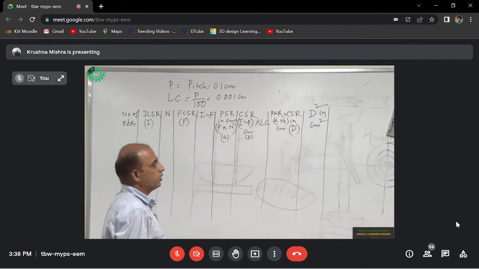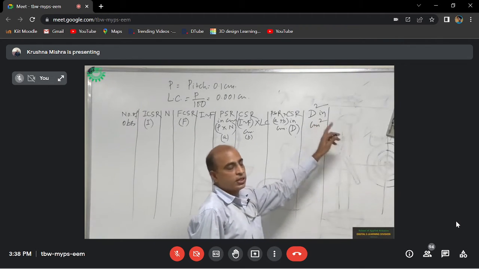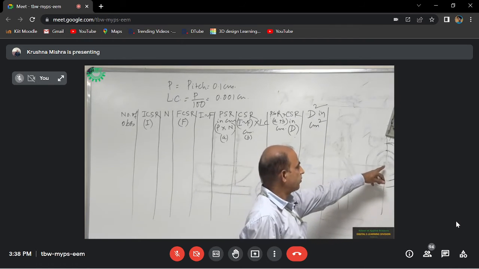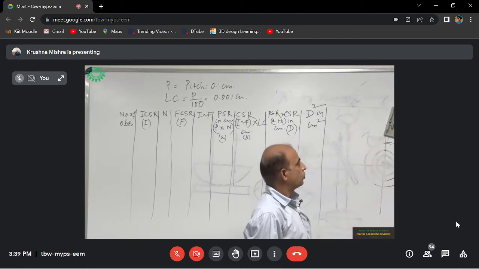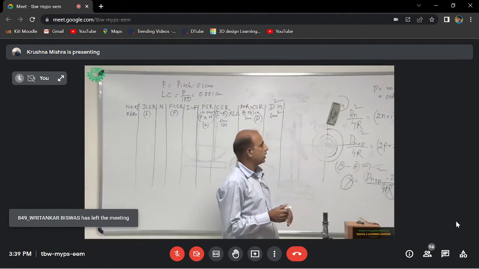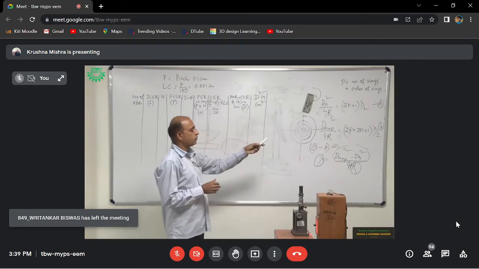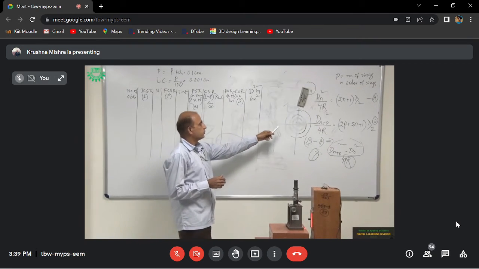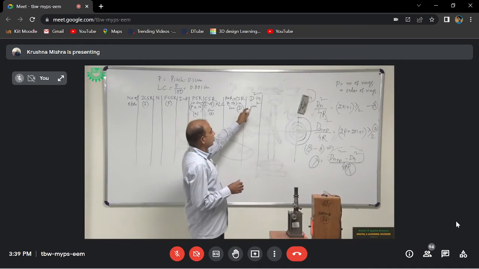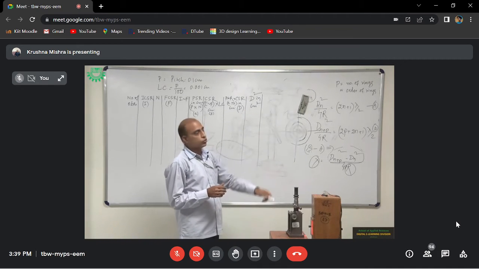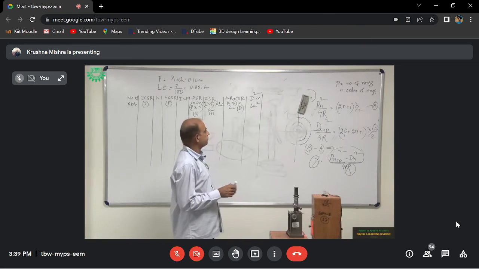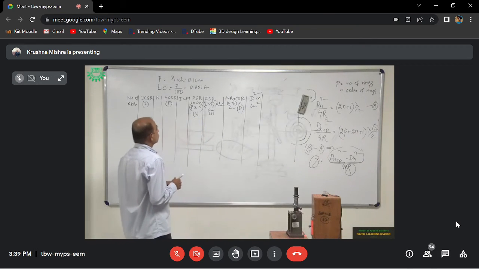So the diameter of a ring changes from the center onwards as we go away from the center, and this diameter depends on the refractive index of the medium and also on the wavelength of light.